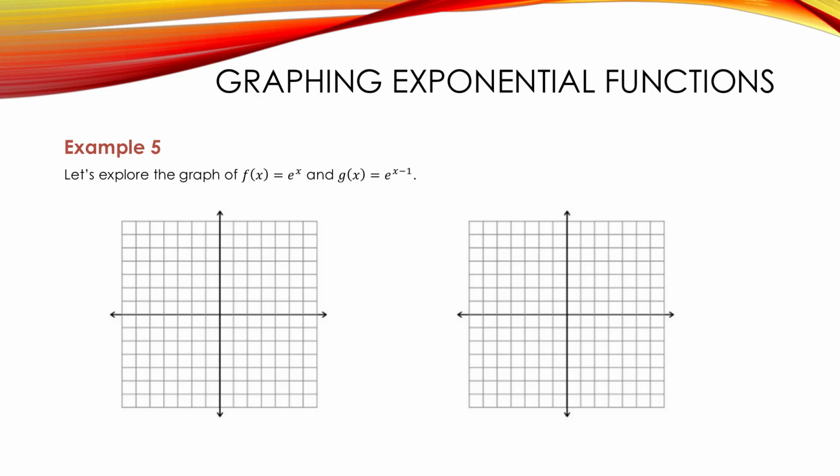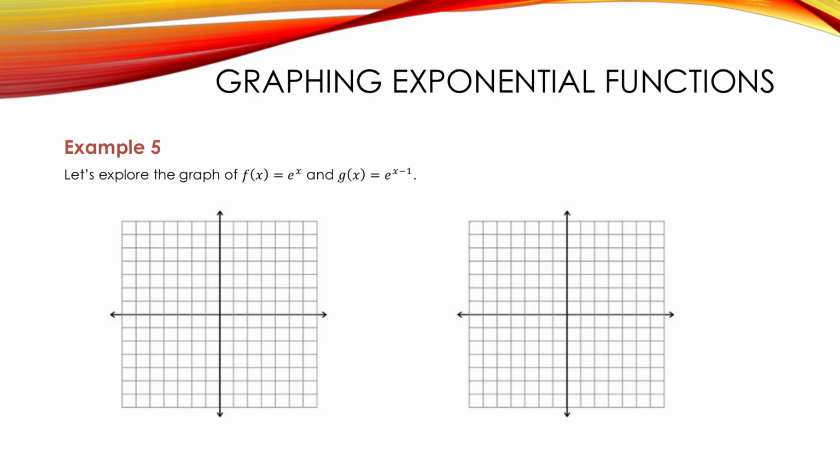It's also called Euler's number, and Euler is spelled E-U-L-E-R, which is probably why it's an e. But e is a very important number for us. We're going to see it in several sections in this unit. So we need to know what e is. We already defined it as about 2.71828, right?